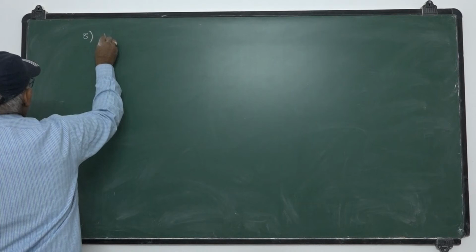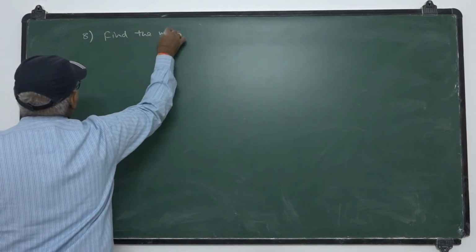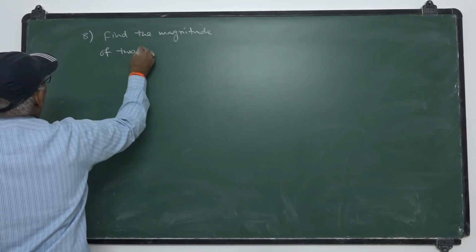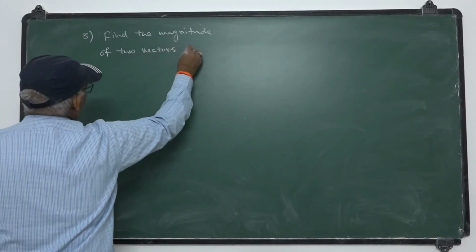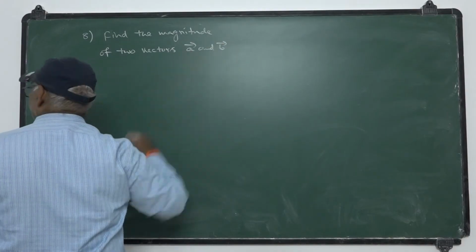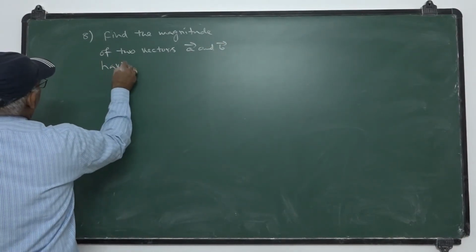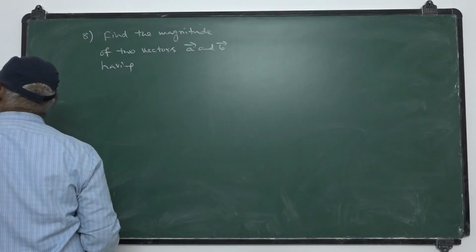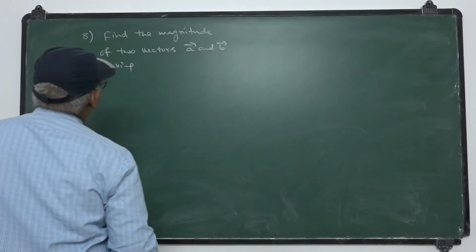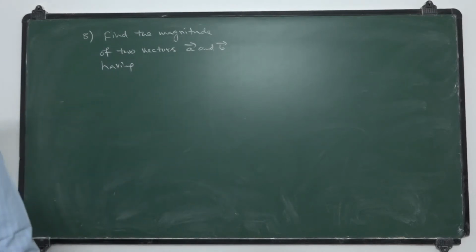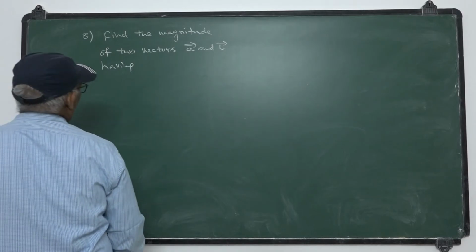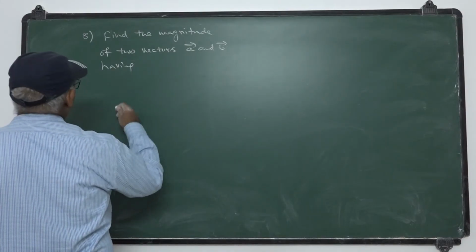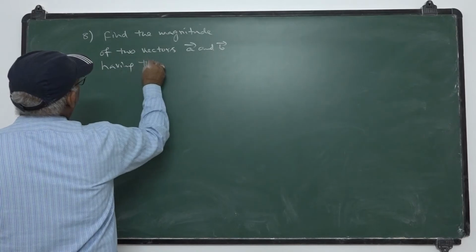Find the magnitude of two vectors A bar and B bar having the same magnitude.